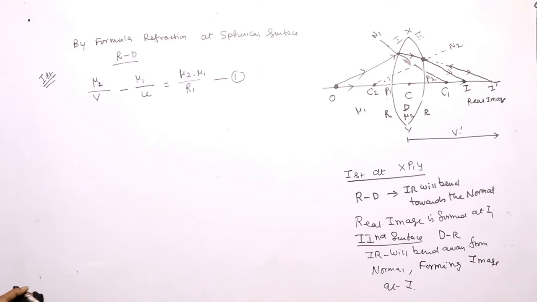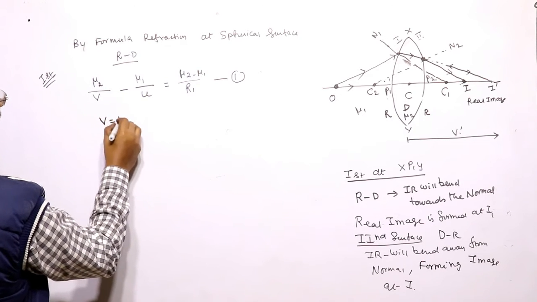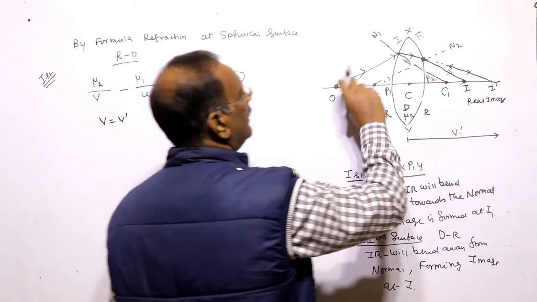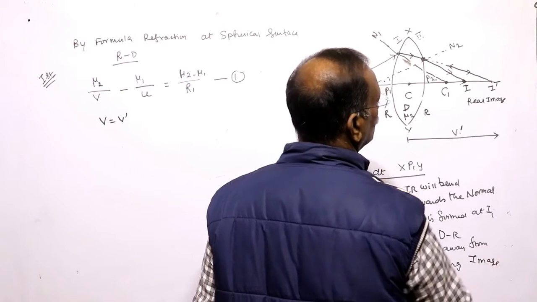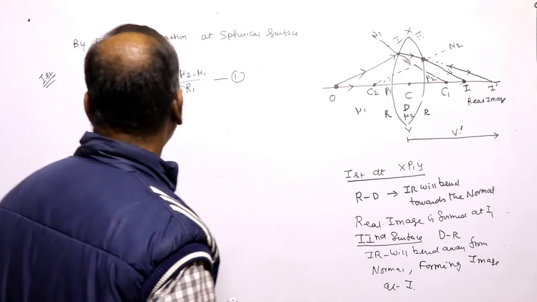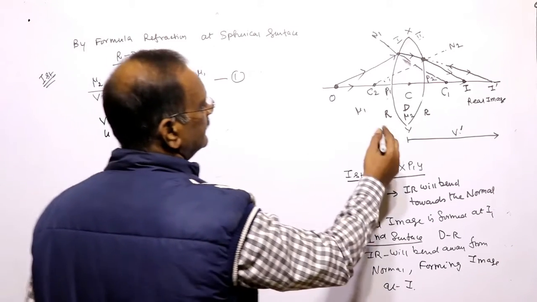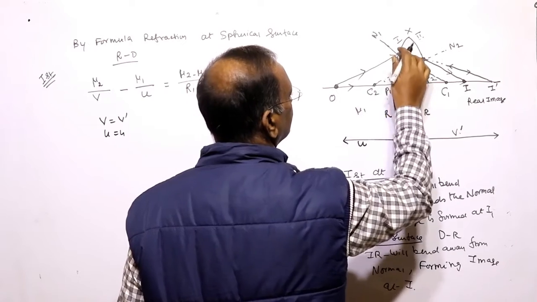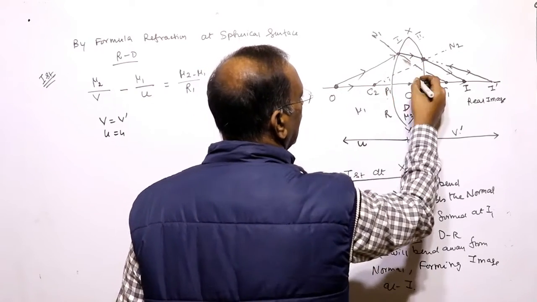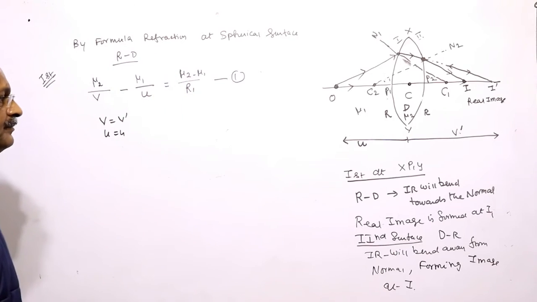Now for the second refraction, see here V. What is V? V is equal to V dash. For the first refraction, the image is formed here, and that distance is equal to V. So V is equal to V dash, and U is equal to U, because this distance is U for the first refraction. This is the object and the distance is measured from the optical center.